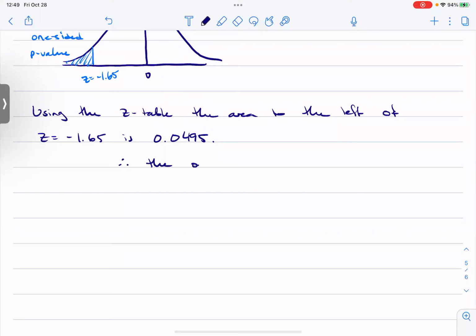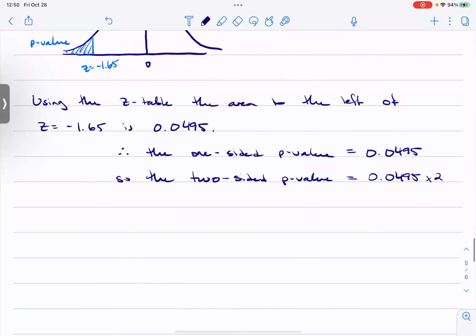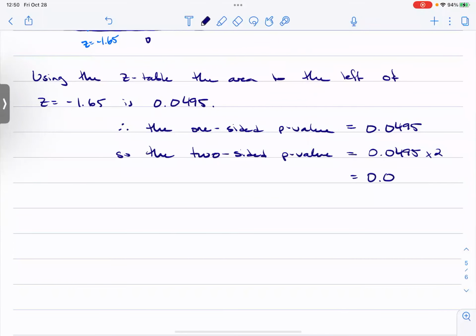Therefore, the one-sided p-value is 0.0495. So the two-sided p-value is 0.0495 times 2, which is 0.099.